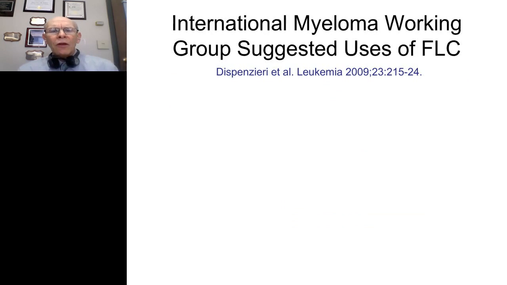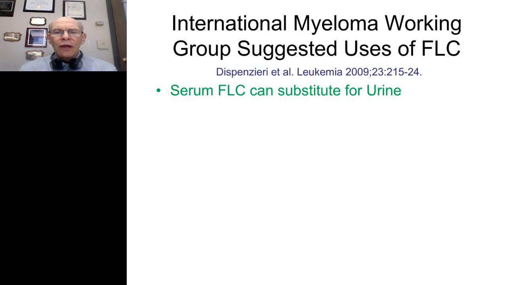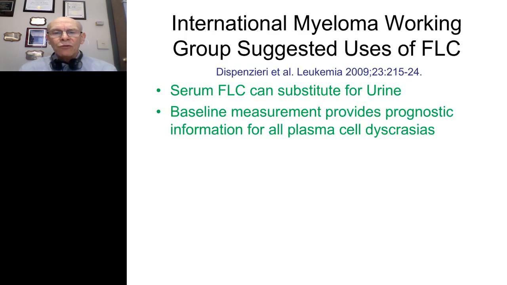The International Myeloma Working Group has suggested guidelines for how to use the serum free light chain test. As I've just shown you from the Katzman data, the serum free light chain test can substitute for urine in the initial workup of patients suspected of harboring a monoclonal gammopathy.